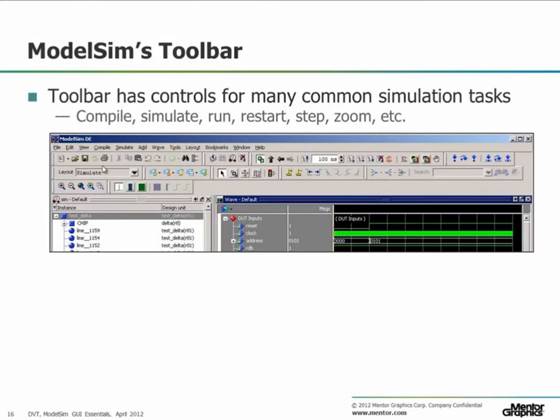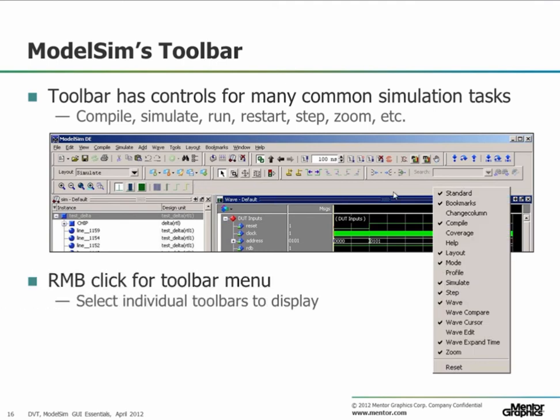So the toolbar. In the main cockpit, we have this toolbar with lots of different things that we can work with. If you right-click in the blank space in that toolbar, you can select what to show in this toolbar.